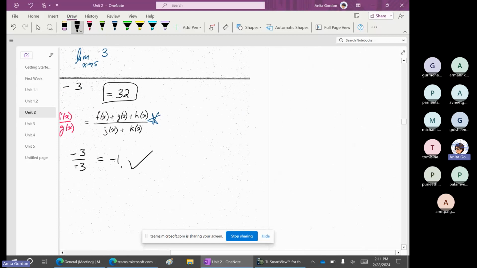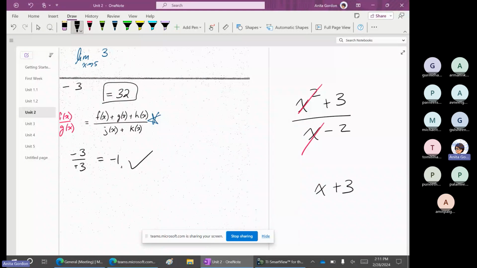The math teacher's most hated thing: x squared plus 3 over x minus 2 is x plus 3 over negative 2. No, it isn't. Don't do that. If you teach someone the shortcut method of factoring and how you can reduce powers and they don't understand the theory behind factoring, they do dumb things like this. Don't do this.